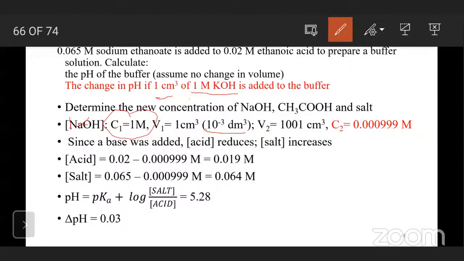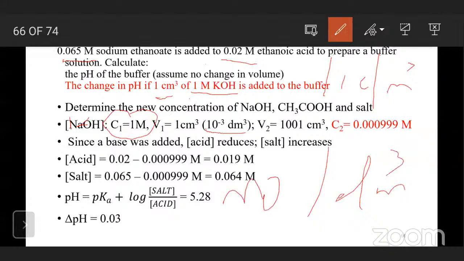And for the V2, that is the final volume. You were told that you are preparing that buffer in 1 dm cube. That is, you have 0.065 and 0.025 in 1 mole in 1 dm cube solution.